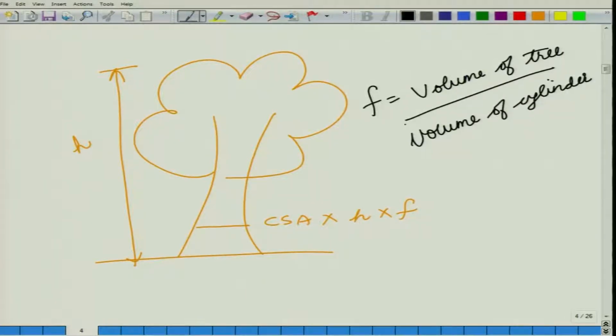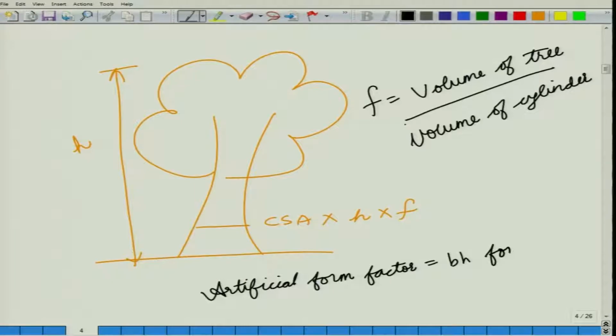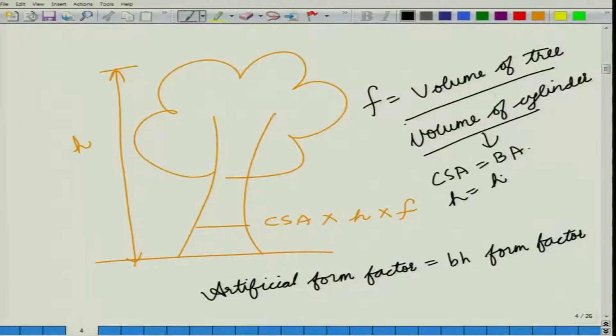Now the artificial form factor, if you remember, which is the most common form factor, also known as the breast height form factor, here our cylinder is a cylinder with the cross sectional area which is equal to the basal area, and height is equal to the height of the tree.